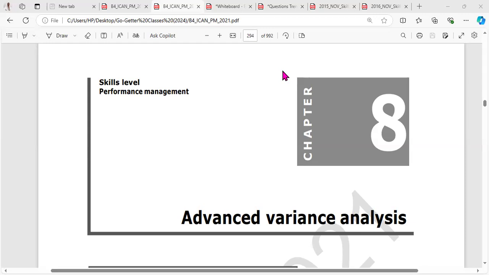We subdivided the labor variances into efficiency and rate variances. Then we created the variable overhead variances, and we subdivided them into efficiency and expenditure.